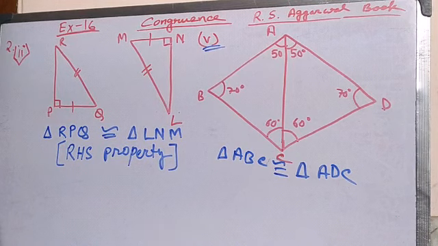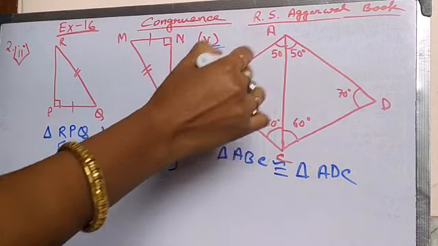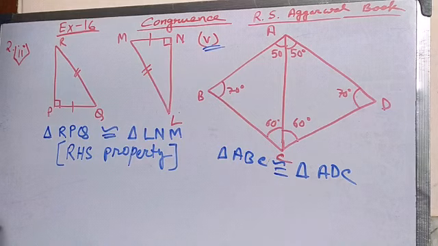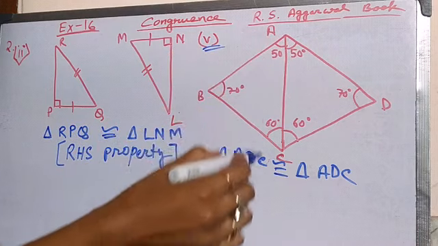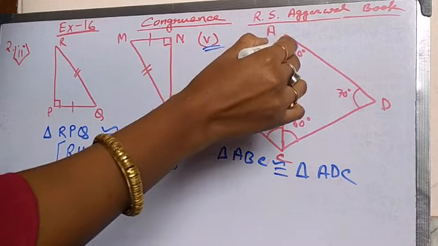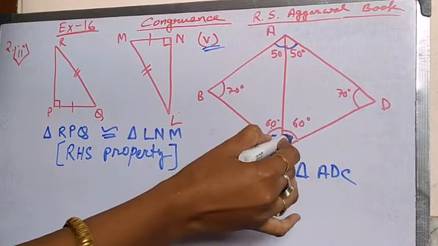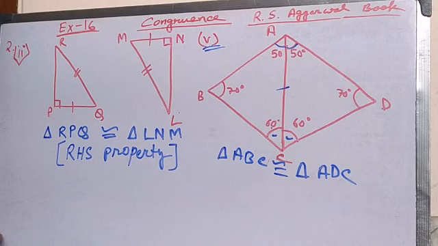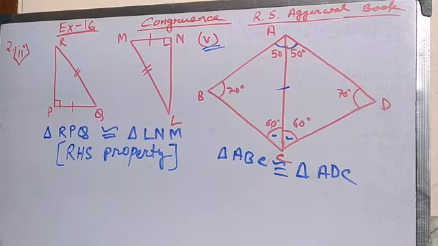In the criteria we have learned, there is no angle-side property or angle property alone. So here we will use another way: this angle and this angle are equal, this angle and this angle are equal, and this side is the common side. So angle, side, angle; this criterion we can use here.